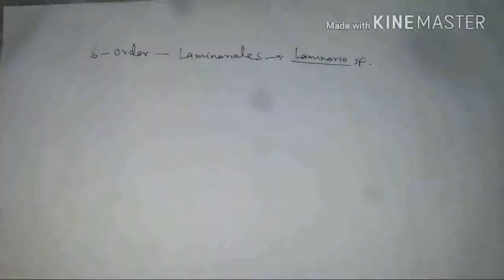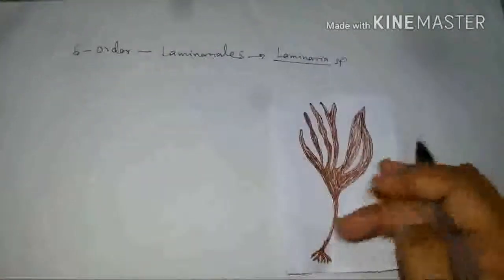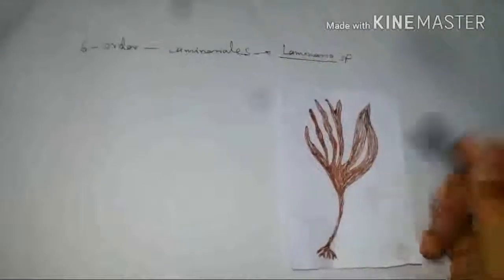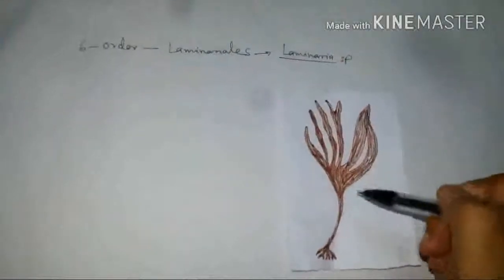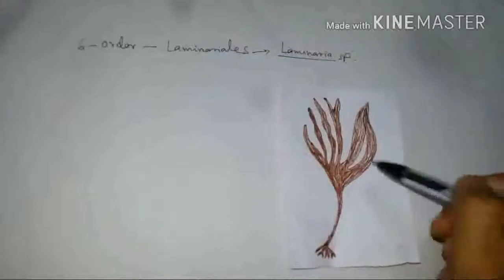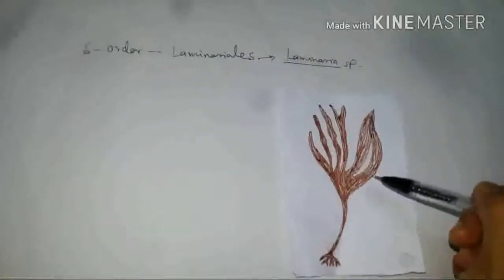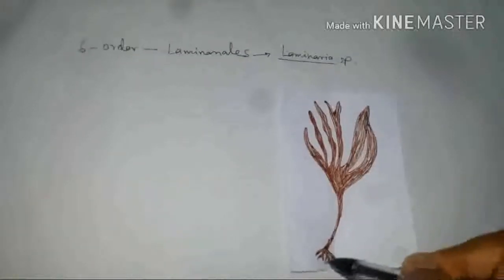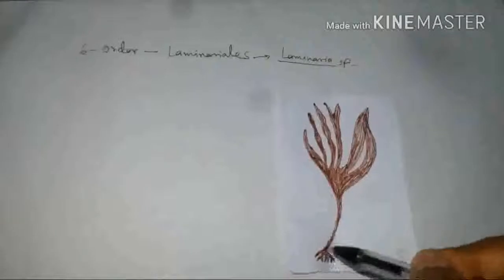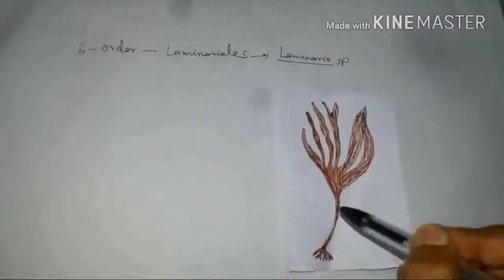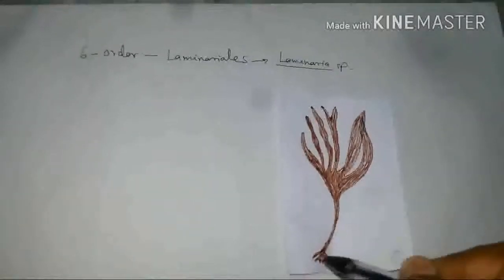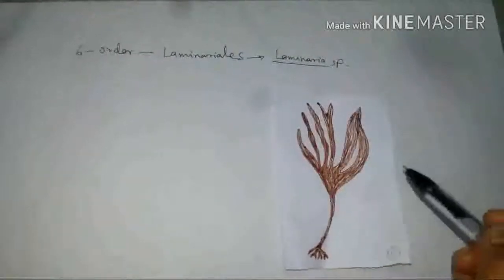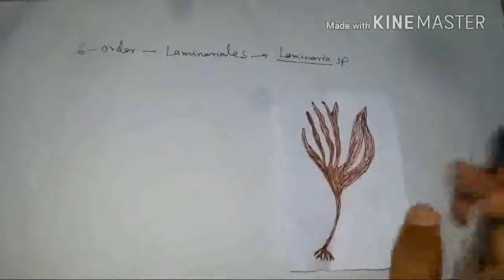It is also called kelp, and its fronds look like leather, so they are leathery fronds, and it is a very long algae, also called devil's apron. The basal root-like branches are called holdfast, and stipes are also present in this algae. So this is the holdfast, this is the stipe, and this is the frond. So this is a Laminaria algae.